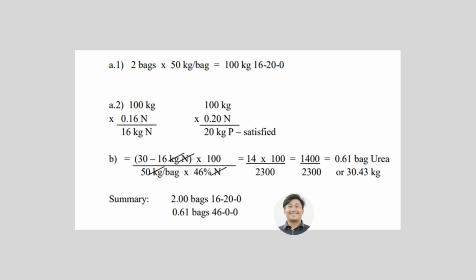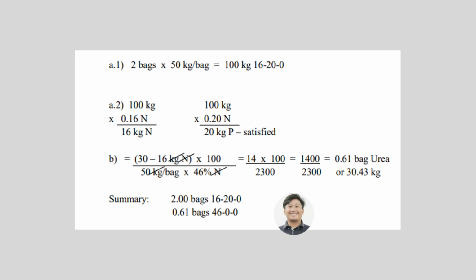So here we subtract the given nitrogen from the recommended dosage, so it's 14 times 100 equals 1,400, over the 50 kilogram bag times 46, which equals 2,300.